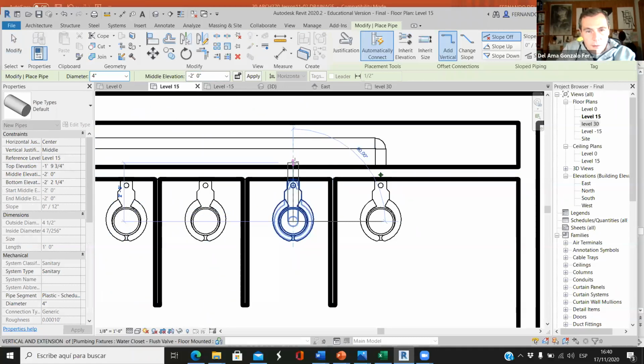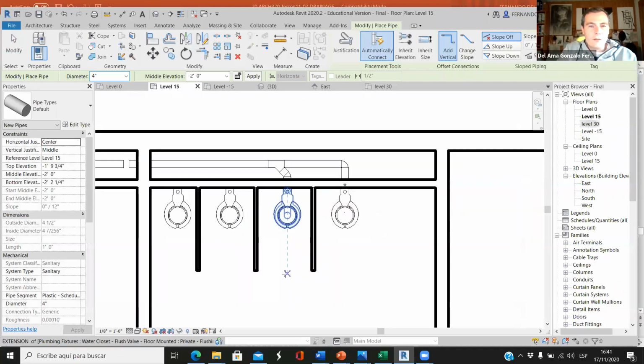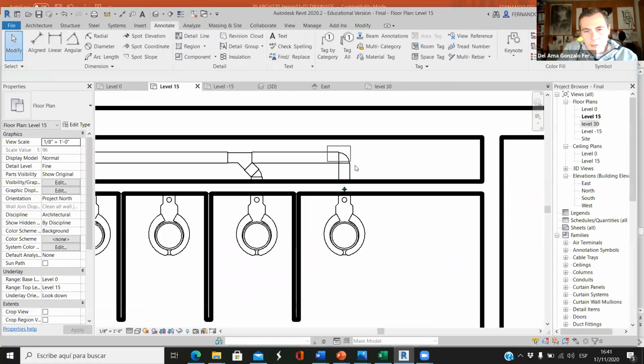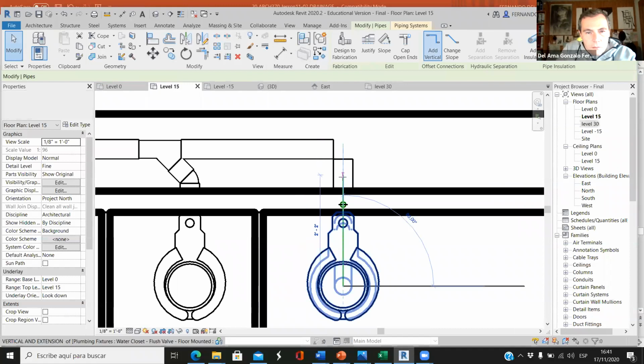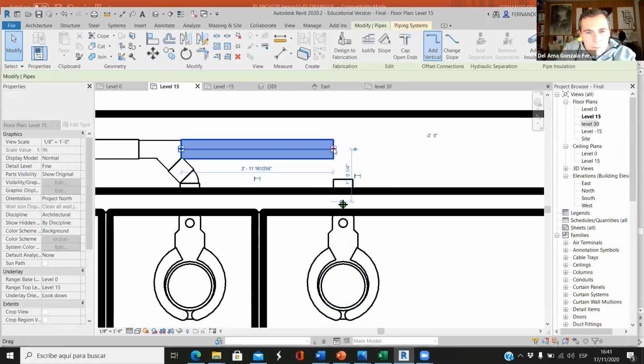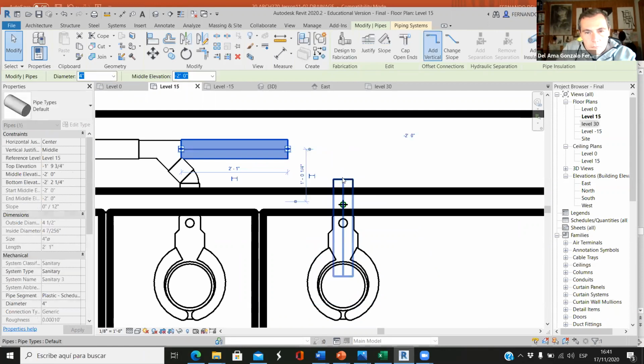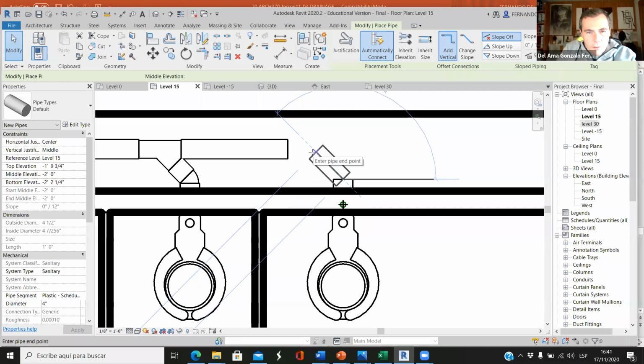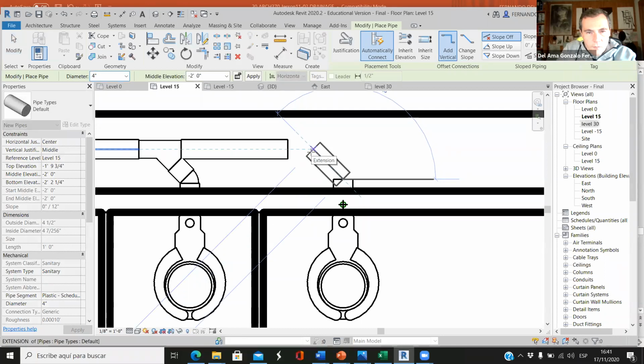Just remember that for the drainage, I only need this 45-degree angle. So for the first one, let's do it better. Let's make this 45 and then this one.